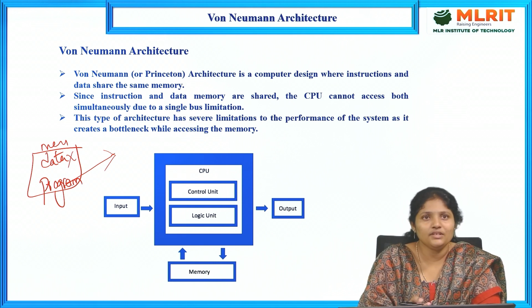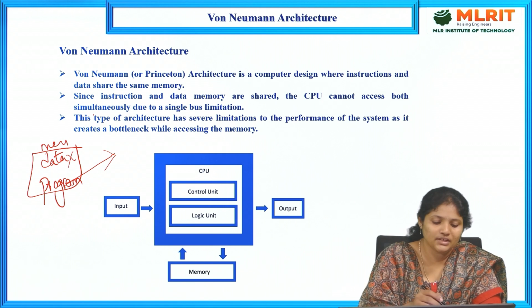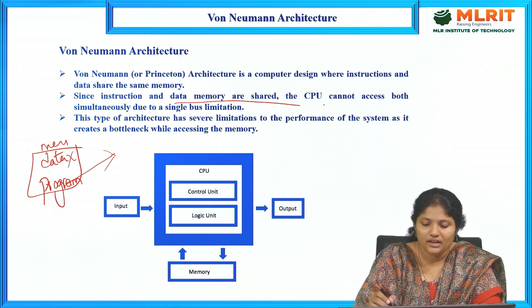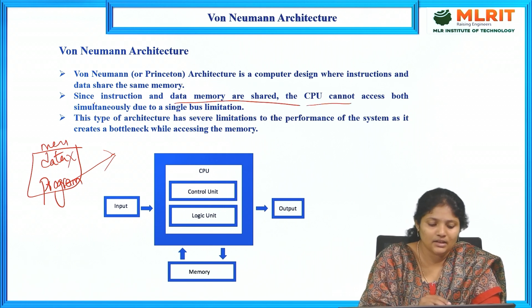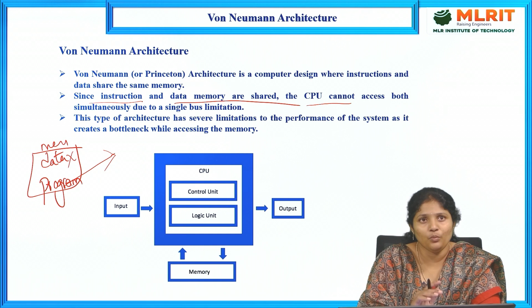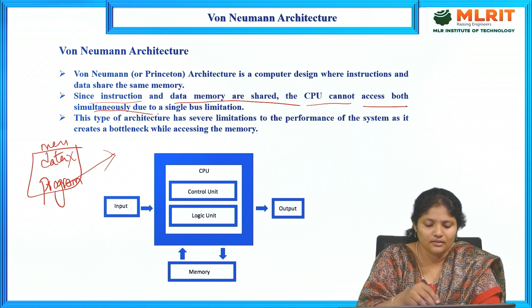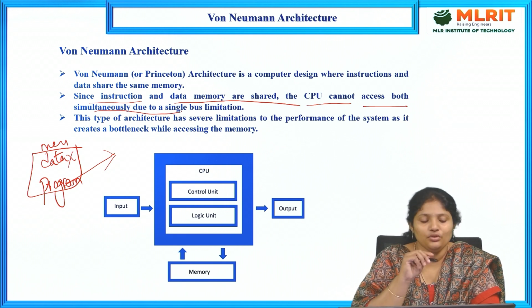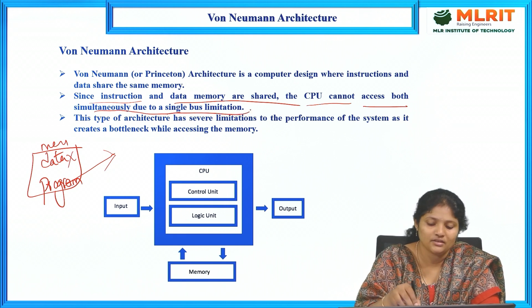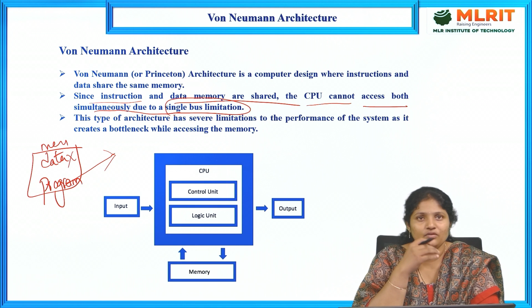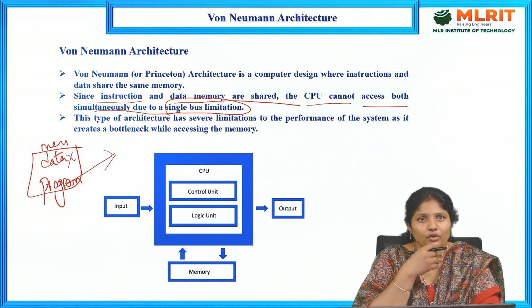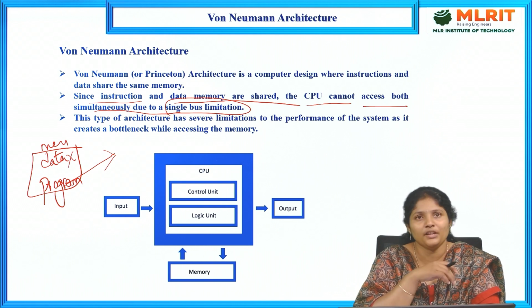Due to single bus limitations, the data and the instructions share the same memory, so the CPU cannot access memory simultaneously. If we use a single bus to fetch these two, it is impossible to fetch the second one while the first is being executed.